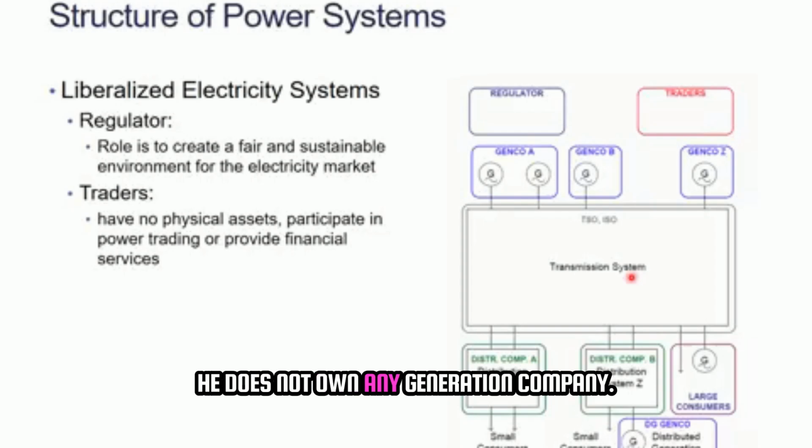He does not own any generation company. He does not own any transmission system. He does not own any distribution system. He just does the trading part and provides different financial services. There are different financial services which are required for power systems, but the product overall is always power.